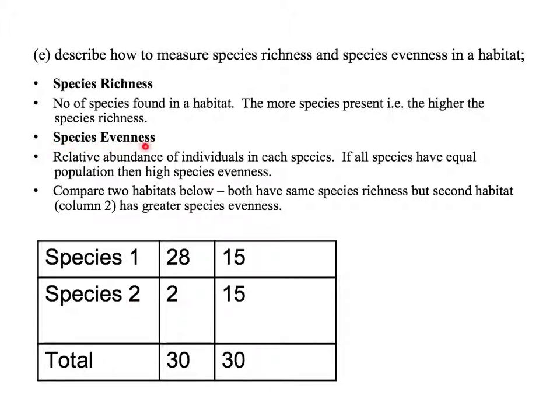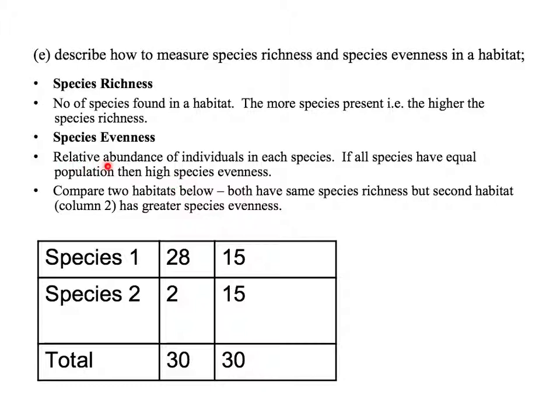So species evenness is the next value you've got to be aware of and understand what this means. And this is the relative abundance of individuals in each species. If all species have equal populations, then there is a high species evenness.